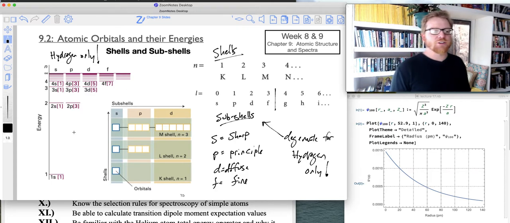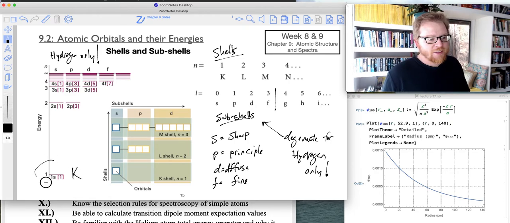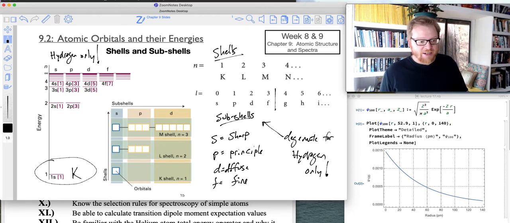But for hydrogen and hydrogen only, here you can see we've got the K shell corresponding to n equal to 1, and there's only one degenerate level in that K shell for hydrogen. As we go up to the L shell, n equal to 2, you can see that we've got 3 degenerate states, the p orbitals, and 1 s subshell state.